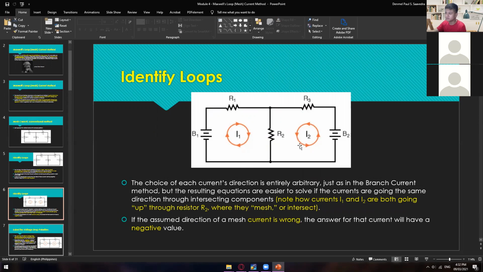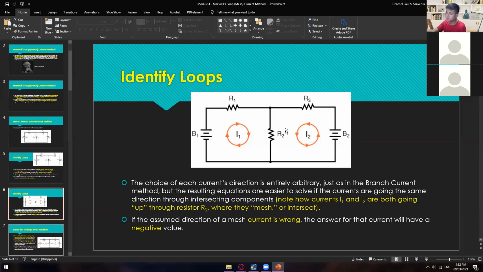The choice of each current's direction is entirely arbitrary, just as in the branch current method, but the resulting equations are easier to solve if the currents are going the same direction through the intersecting components.